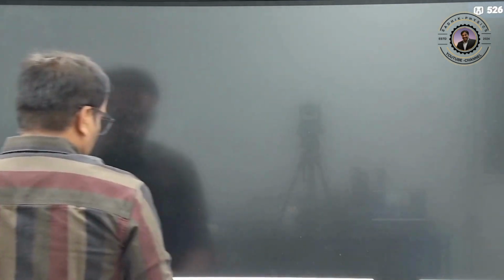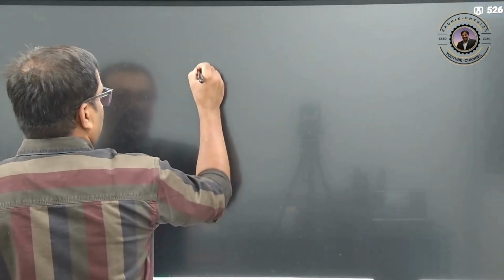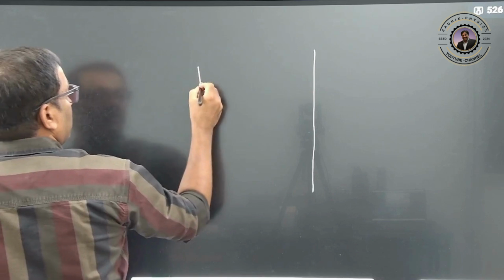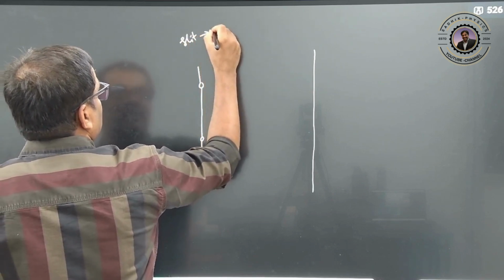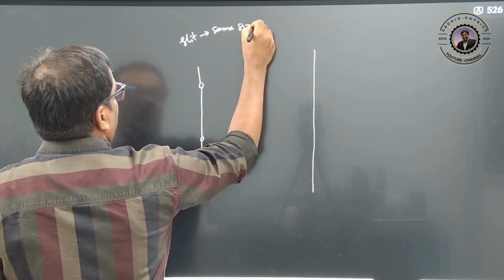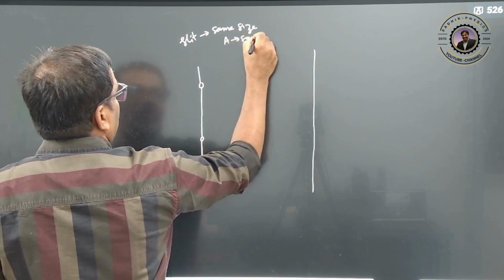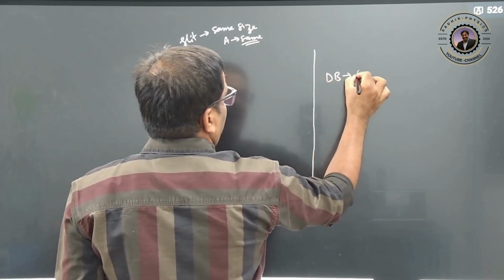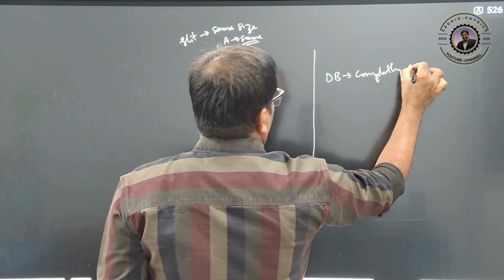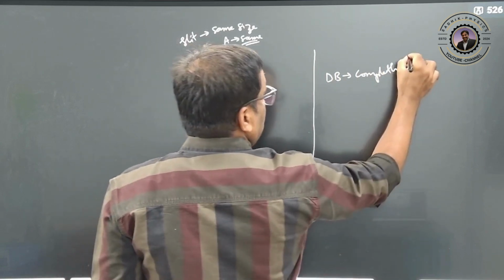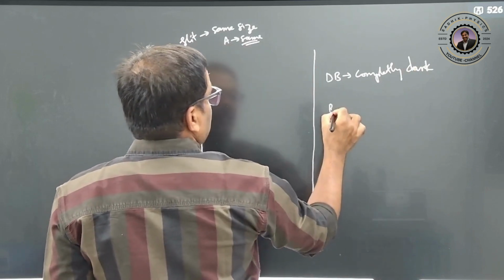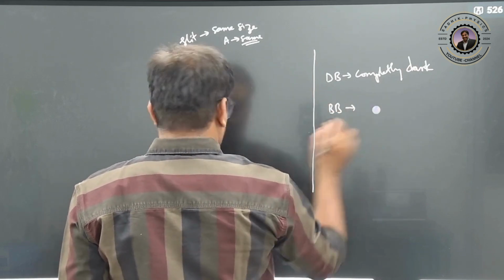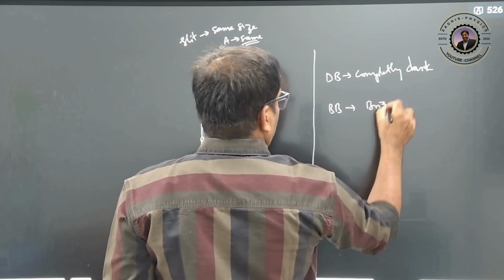Sometimes one question can be asked, listen carefully. Suppose there are two slits. If the two slits are of the same size, that means the amplitudes are the same, that is, the wavefronts are the same. Therefore the dark bands are completely dark, and the bright bands are brighter.